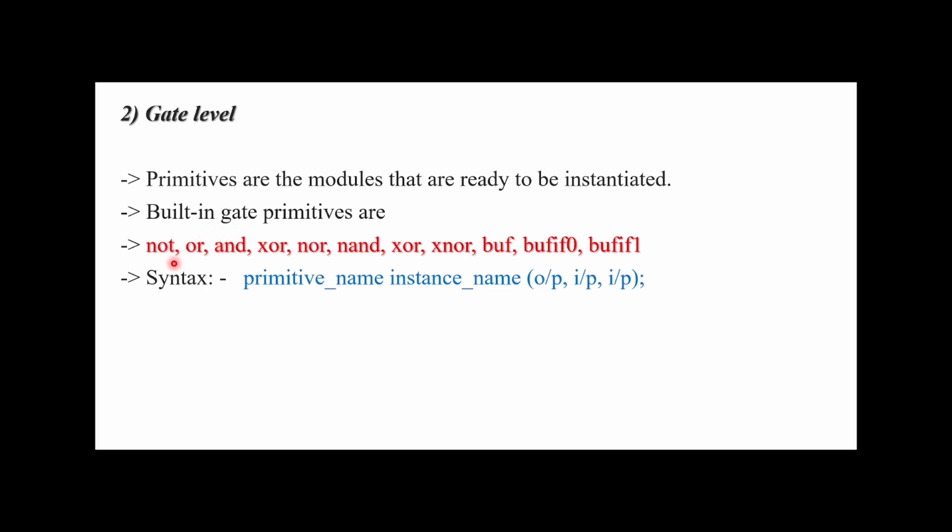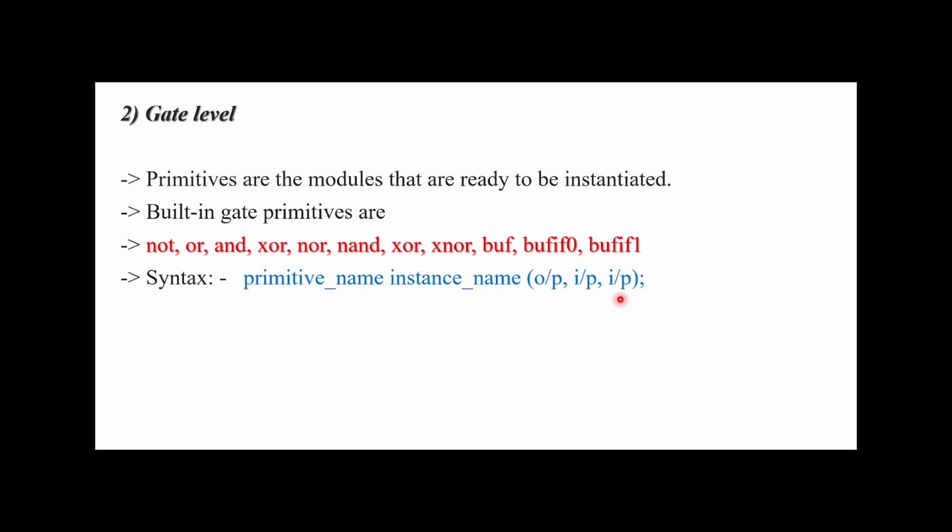What are these built-in gate primitives? NOT, OR, AND, XOR, NOR, NAND, XNOR, and so on. The syntax is primitive name, followed by instance name, and within parentheses the output followed by inputs.